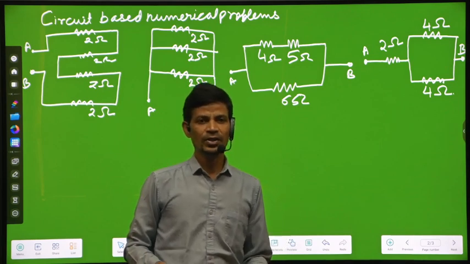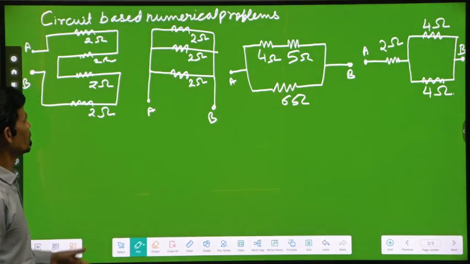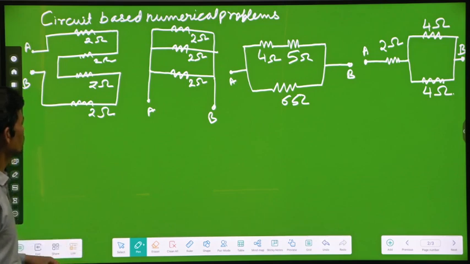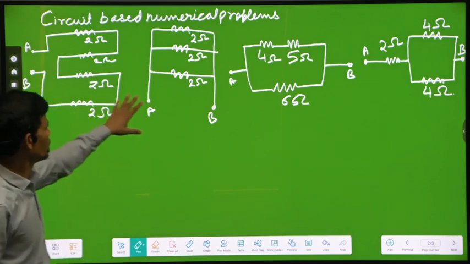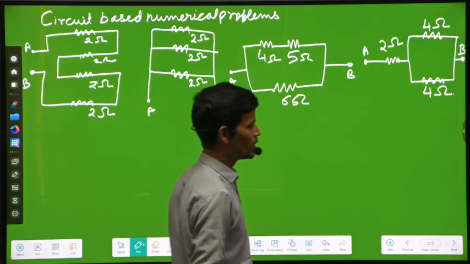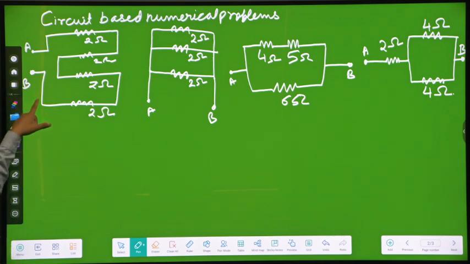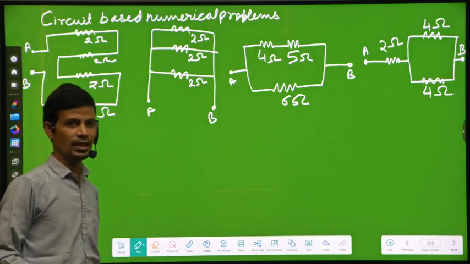So in this video we are going to simplify some circuits, based on series and parallel combination and mixed combination, of course. There you can see there is no cell connected.